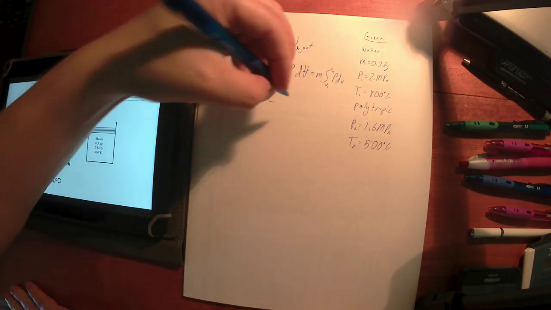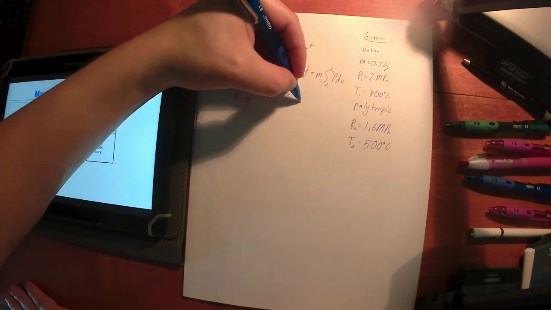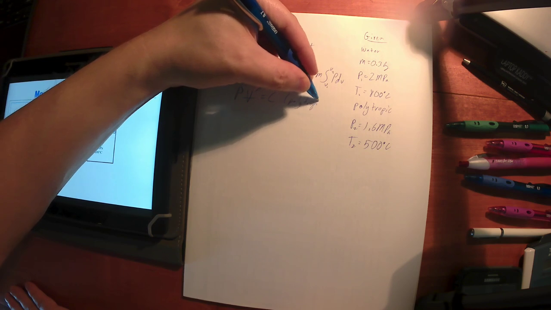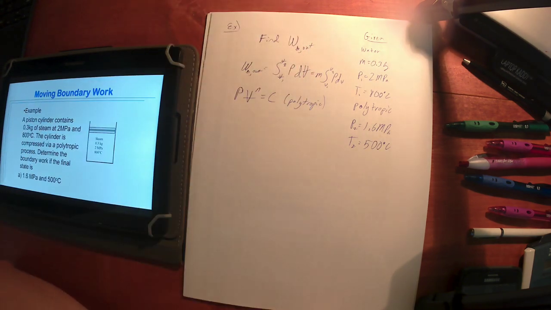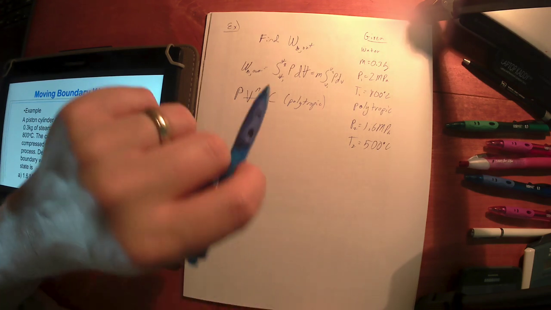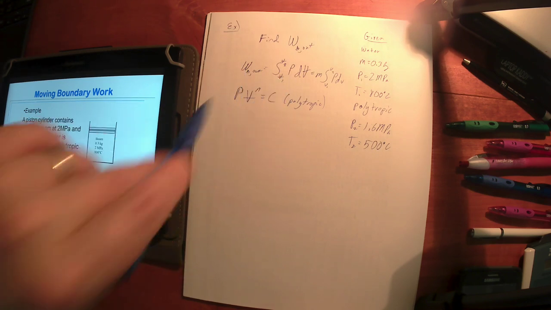This is polytropic. This is what that word means. When you see that word polytropic, it tells you pressure is a function of volume. Or maybe the problem statement gives you pressure as a function of volume. That's normally a dead giveaway that we can just use this expression to find the boundary work.